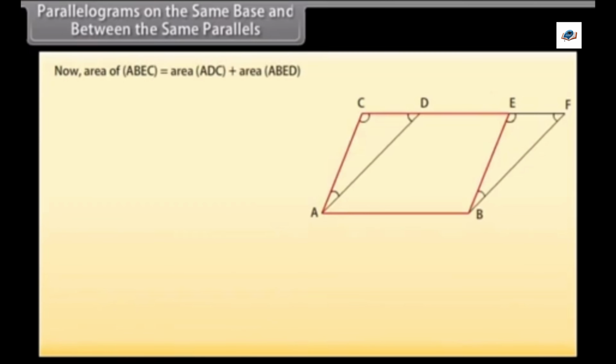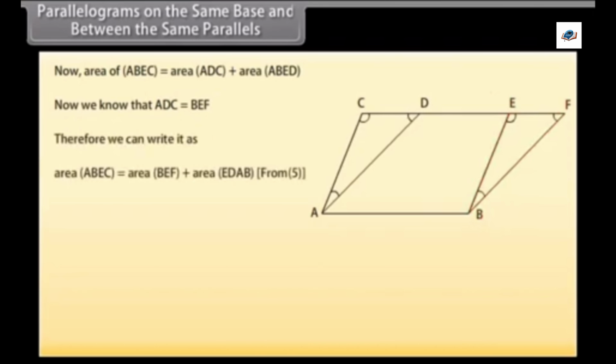Now, area of ABEC is equal to area ADC plus area ABED. Now we know that ADC is equal to BEF, therefore we can write area ABEC is equal to area BEF plus area EDAB from 5, which is equal to area ABFD. So, parallelograms ABEC and ABFD are equal in area.